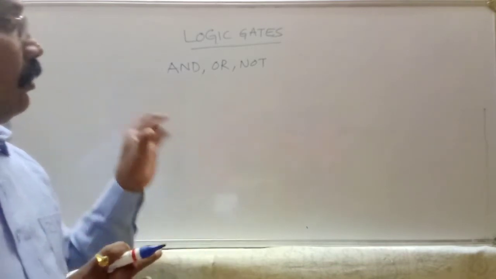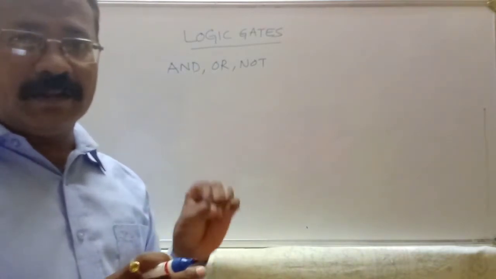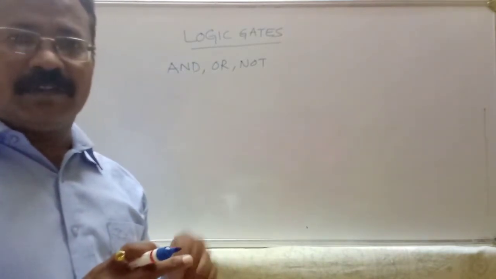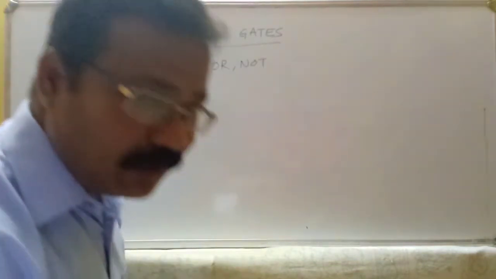Based upon the logical operations, the logic gates are 7 types.